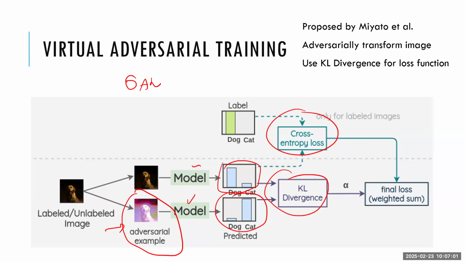So the question becomes, how do we create an adversarial example? For augmentation, it's very straightforward, right? You can rotate the image, you can change the lighting condition. But for an adversarial image, you want to create an image such that the model would give a totally different prediction. You try to fool the model. How can you create an image to fool the model in the first place?